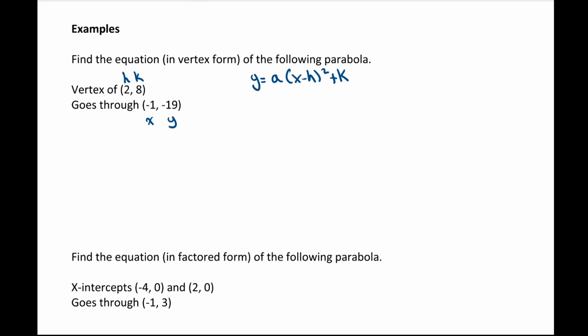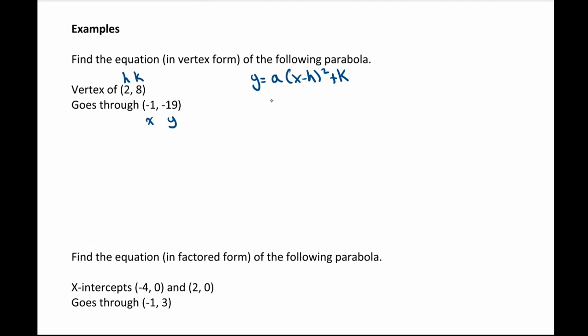If you go back up to that last page, every value or variable or letter that you see highlighted, that's what you need to fill in if you're asked to determine an equation. So the only thing we're missing from vertex form is the a value. However, if I plug everything in, the h, the k, the x, and the y, into my equation, I can solve for my a value.